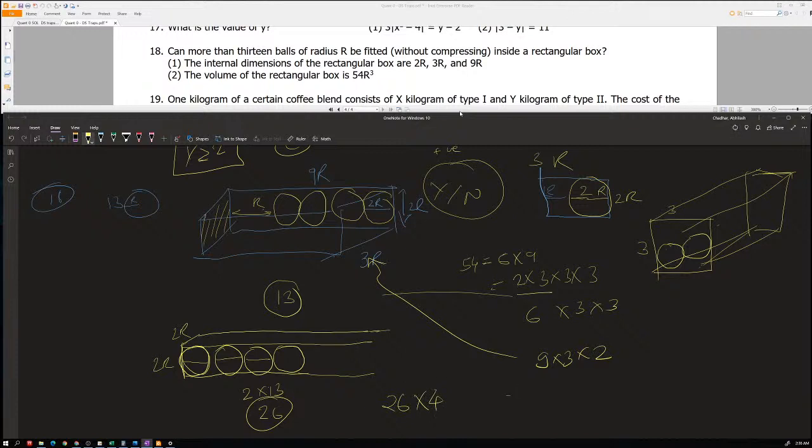This will definitely surpass 54, because 4 6 is 24, and 4 2 is 8. So definitely it is more than that, because 2R into 2R into 26R is very high as compared to 54, so this cannot work.